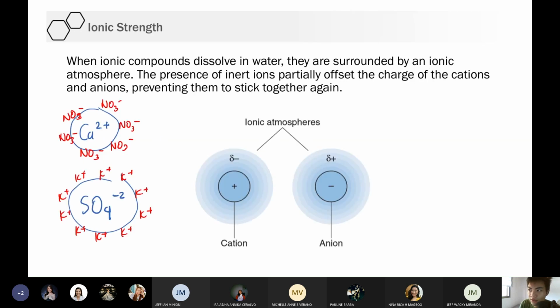That's the idea of ionic strength. The more inert salts you have, the more soluble your precipitate will be. Imagine your nitrate ions and your potassium ions are distractions for calcium and sulfate from coming back together to form the precipitate.